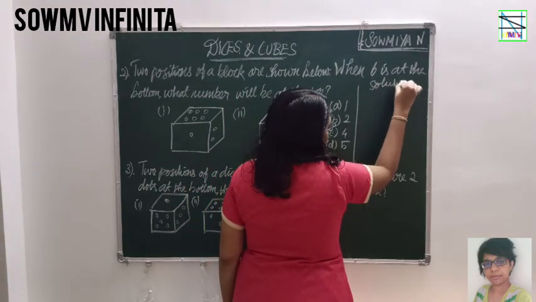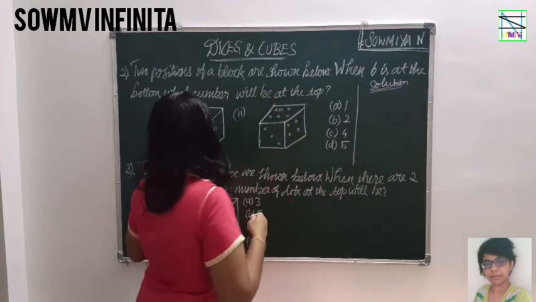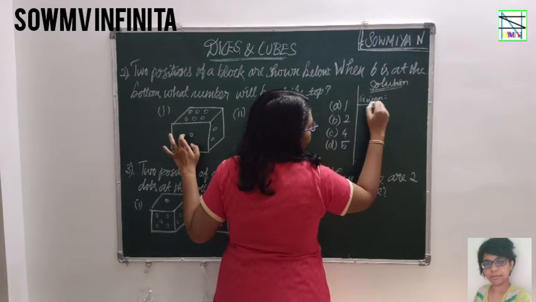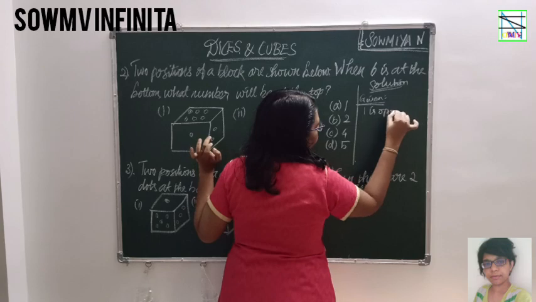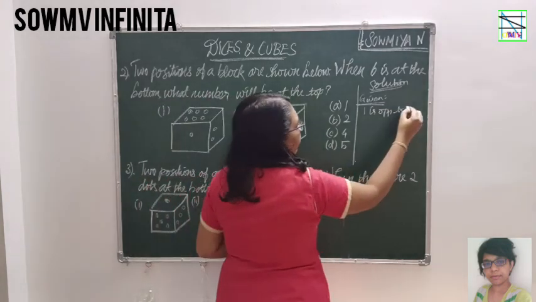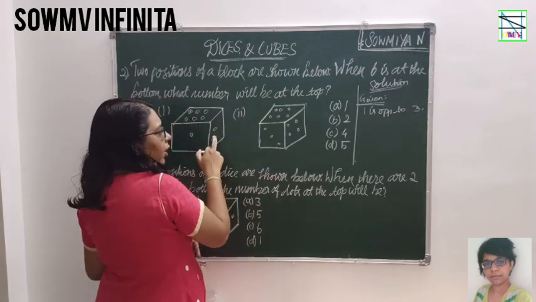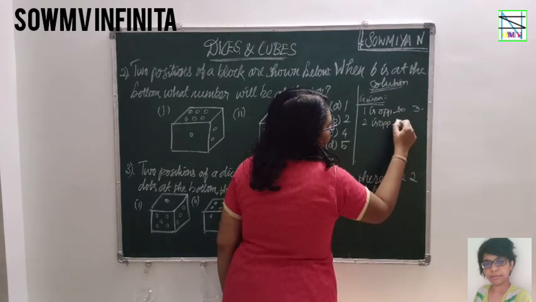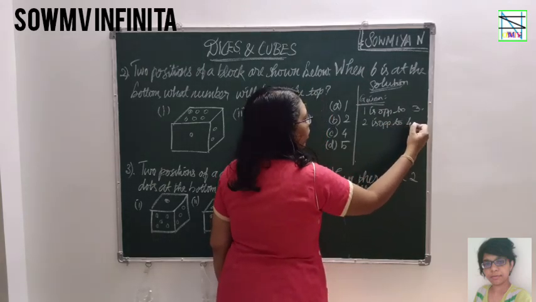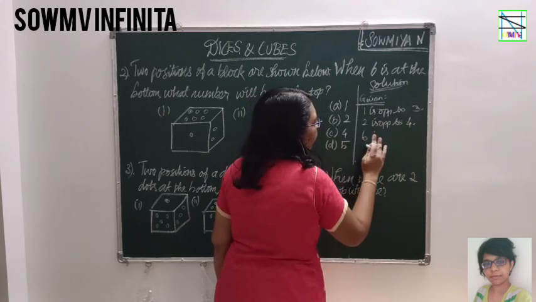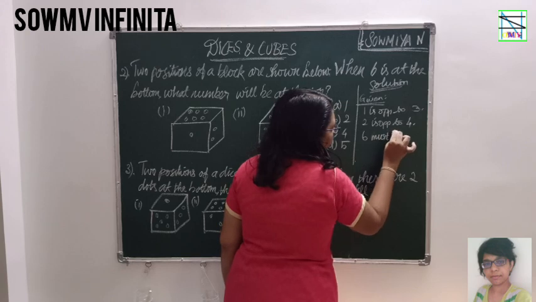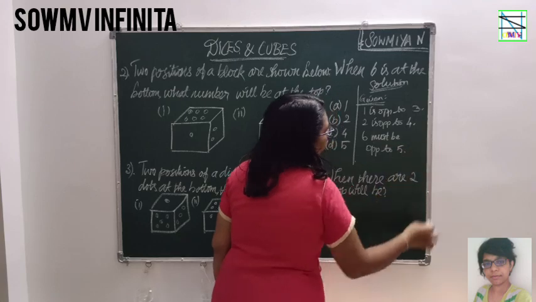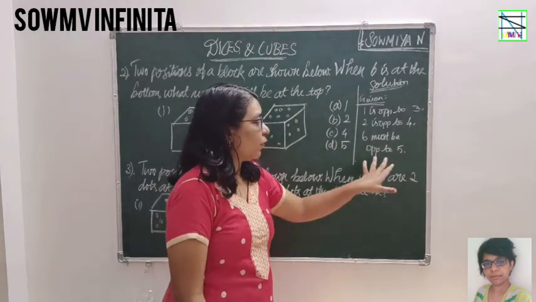Solution. So 1 is opposite to 3. So 1 dot is opposite to 3 dots and 2 dots is opposite to 4 dots. Then 6 must be opposite to 5.